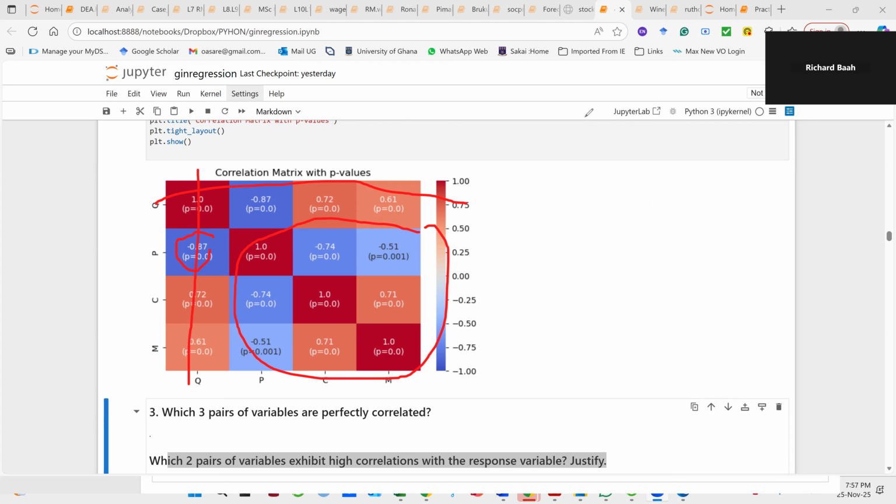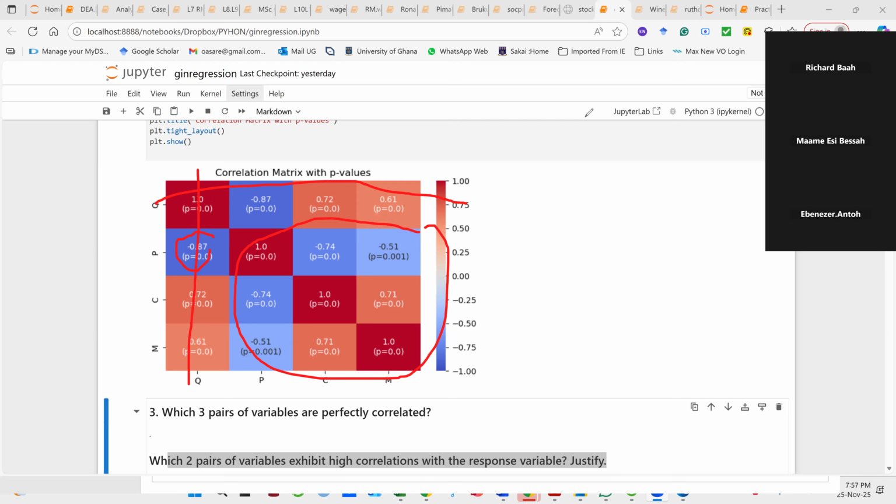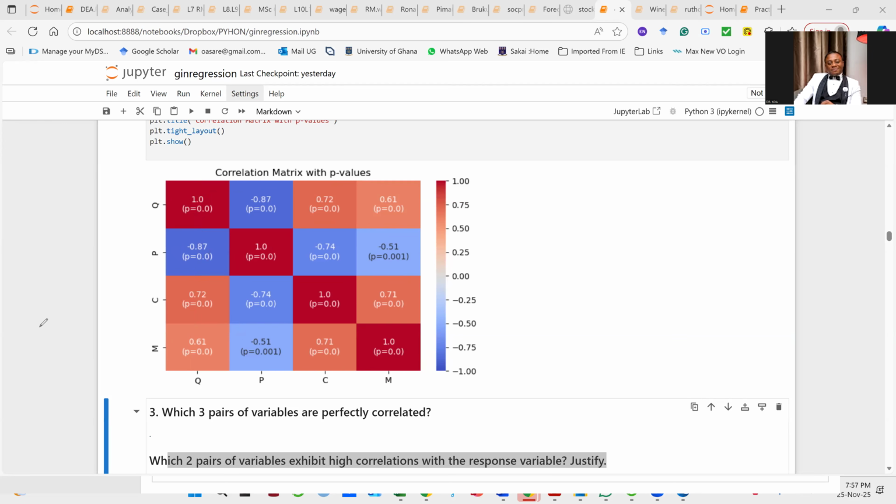So you take the biggest one, not the smallest. It is the biggest number you are going to look for. High multicollinearity, biggest number, low multicollinearity, smallest number. And is it? 0.71. Good. It is 0.71. And that is the next most highly multicollinear.